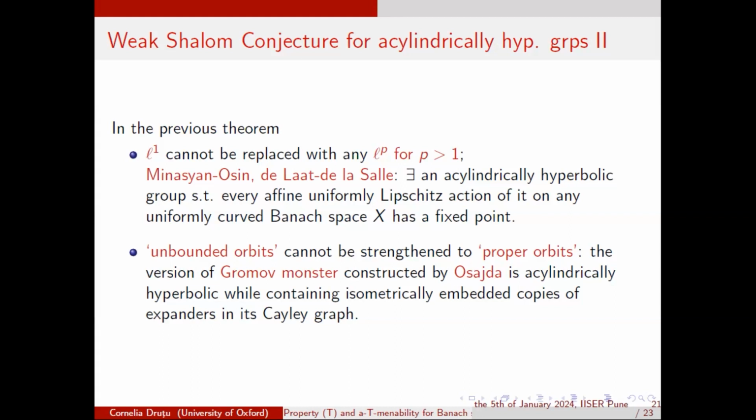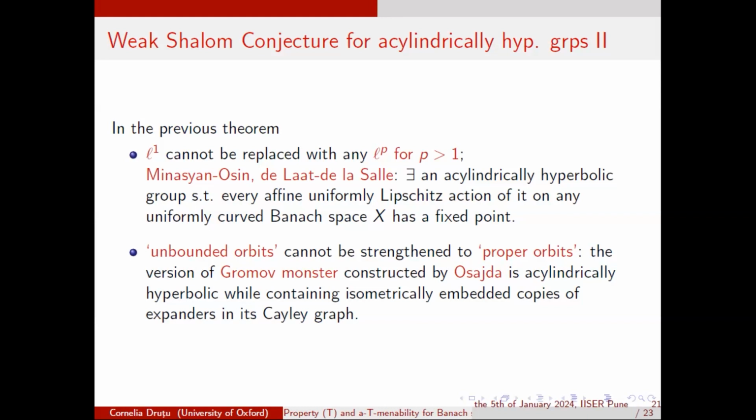This is a construction that Gromov devised in order to produce a counterexample to one of the Baum-Connes conjectures. Not all of the Gromov groups do the job for what I'm about to mention, but there is a particular modification of that construction due to Osajda. First of all, that group contains isometrically embedded copies of an entire family of expanders, but more importantly, it is acylindrically hyperbolic, because the main construction of Gromov monsters is also probabilistic, and the generic Gromov monster, in fact, is not acylindrically hyperbolic.